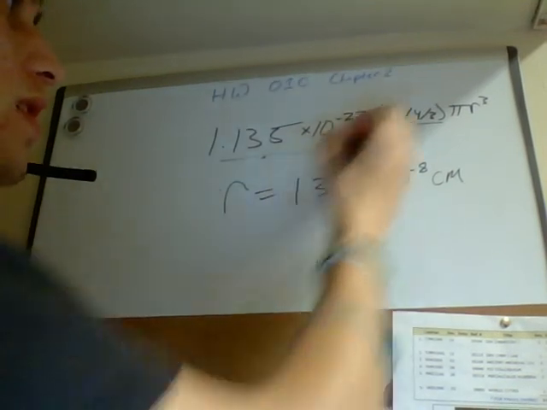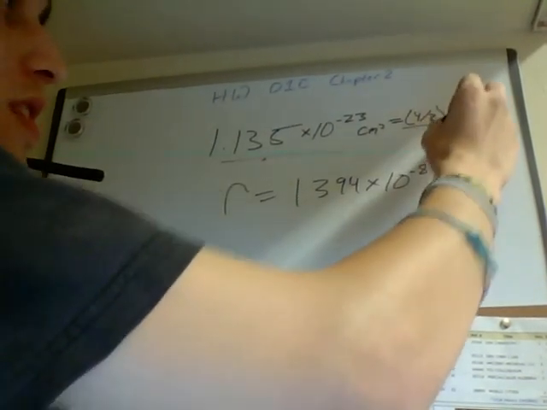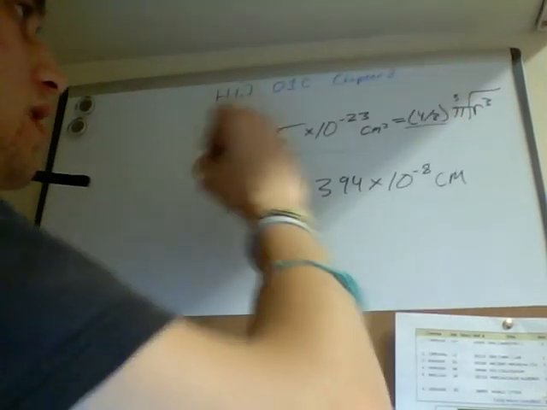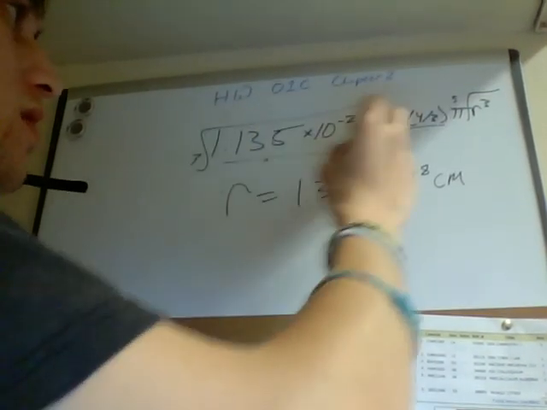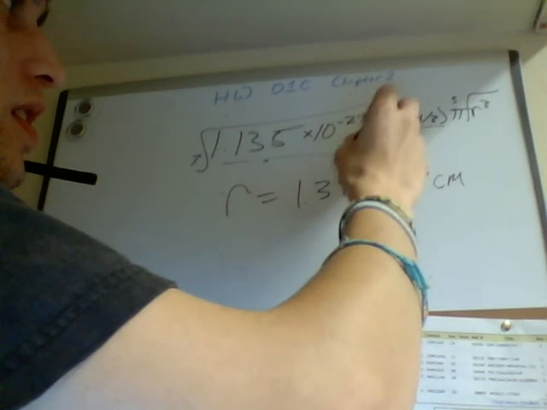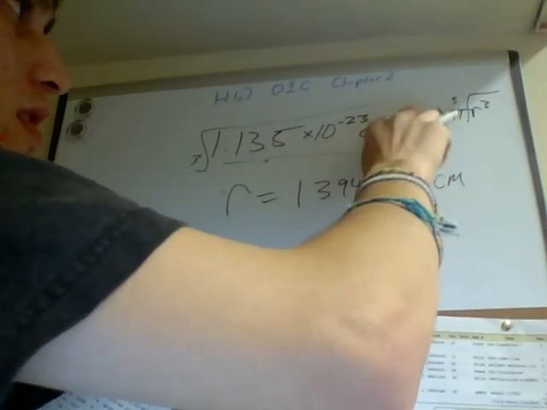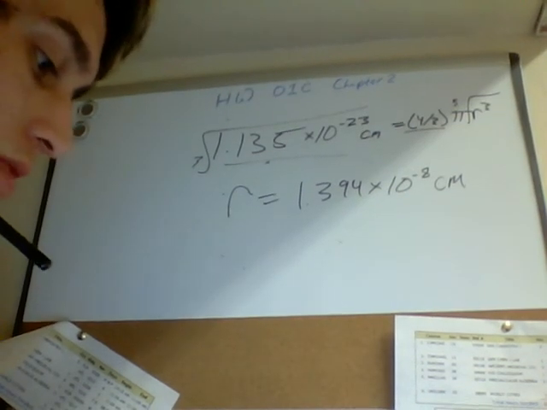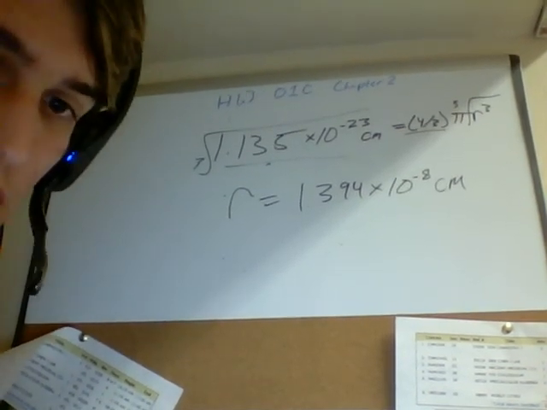You take the cube root of this side, which also includes the units. So you're basically uncubing the centimeters. And that should be the correct answer.